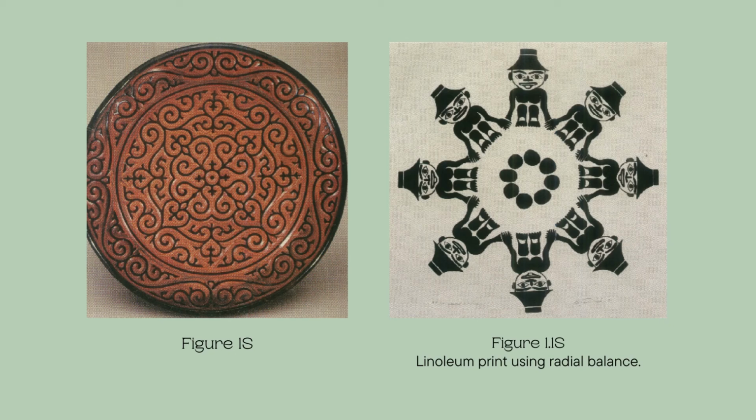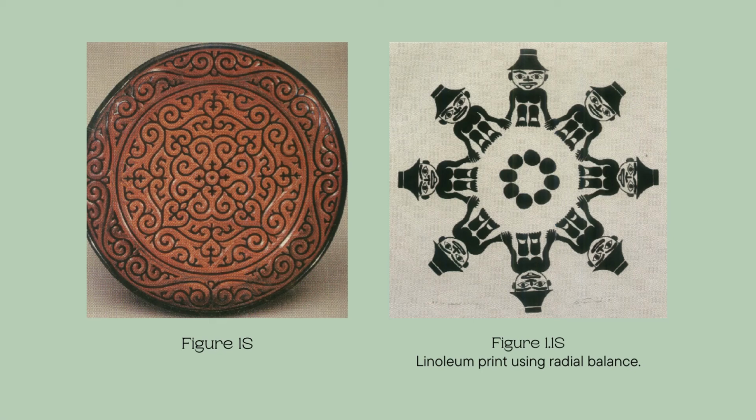Okay, take a look at these two examples here on the screen. Radial balance is really a complicated variation of symmetry. While symmetry means only two matching units, designs with radial balance may involve four or more matching units. On figure 1S, notice how the radial design of this tray starts with four matching units at the center.